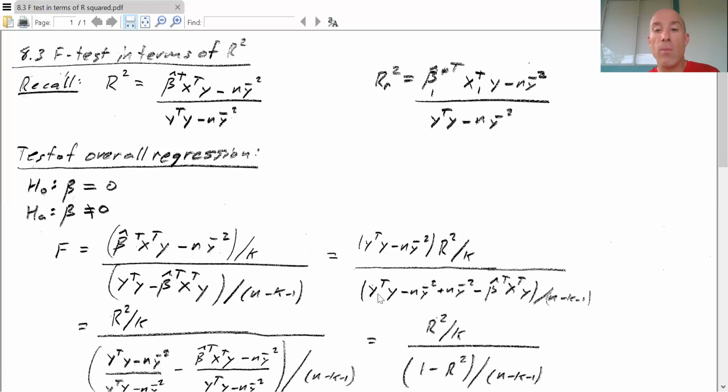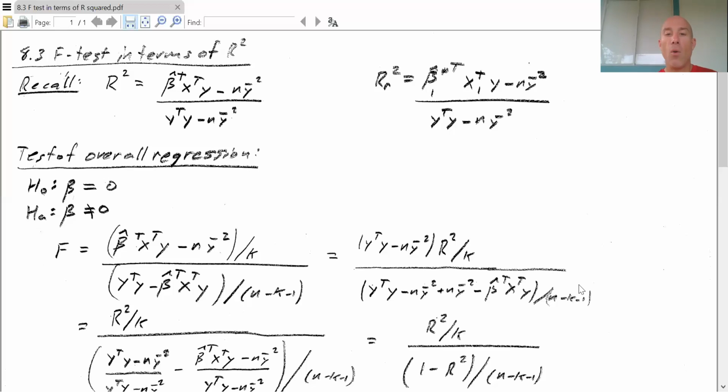So here I've got y transpose y minus n y bar squared. Well, that looks a lot like that, right? And then here I've got n y bar squared minus beta hat transpose x transpose y. Well, I notice that this is the denominator of that, and this is the negative of the numerator. That's interesting. And then the n minus k minus 1 is all the same.